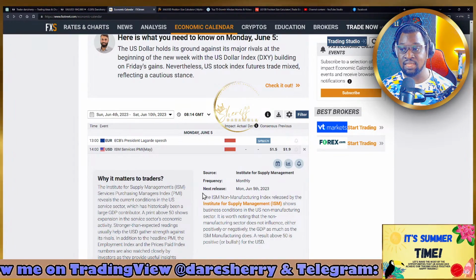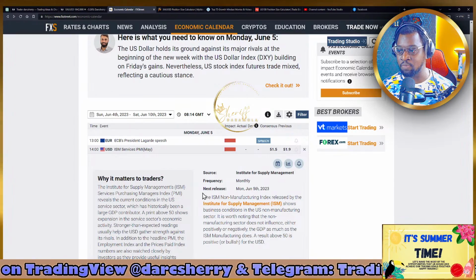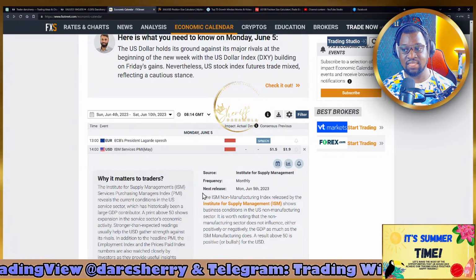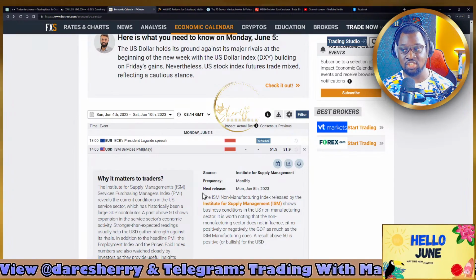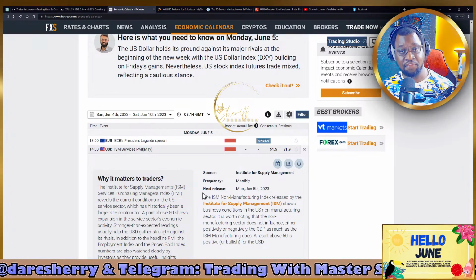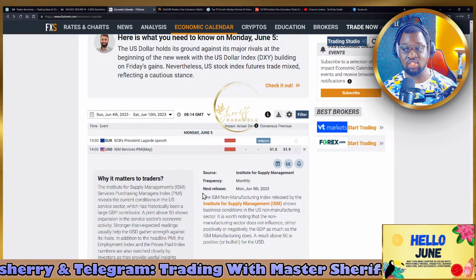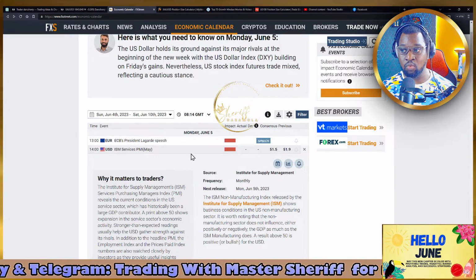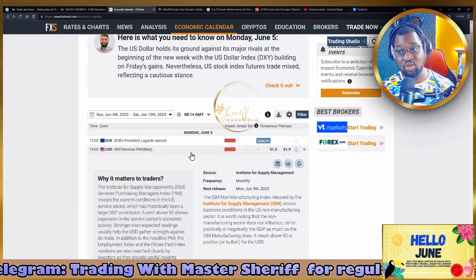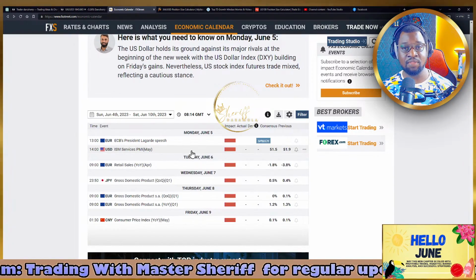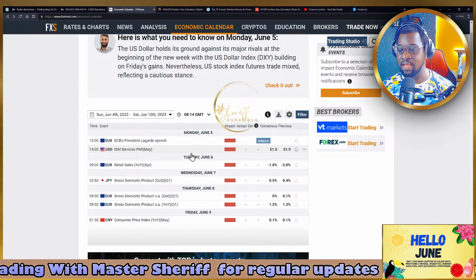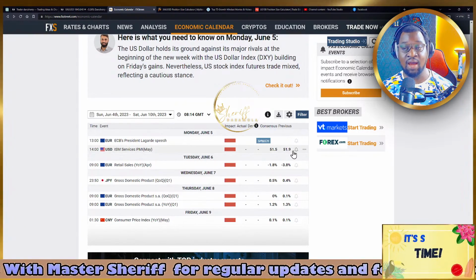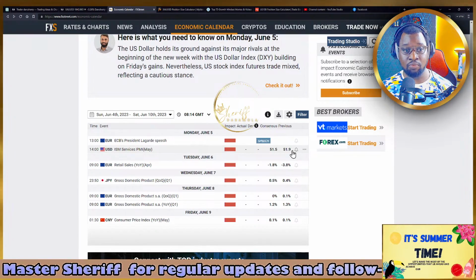A result above 50 is always considered positive for the dollar, while anything below 50 is considered negative. From the previous data we have 51.9.